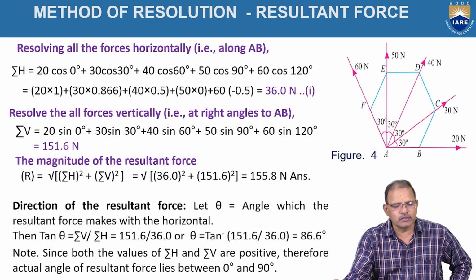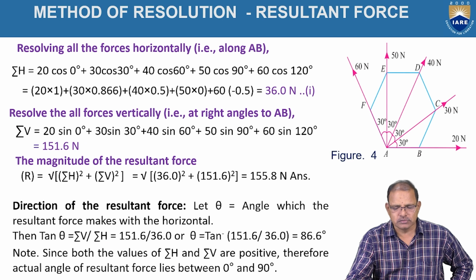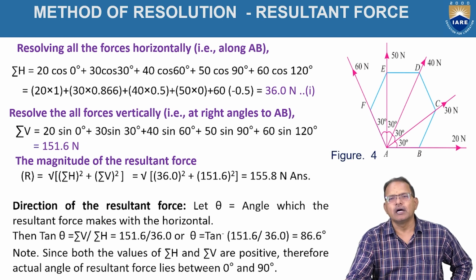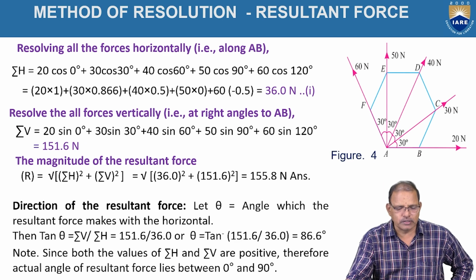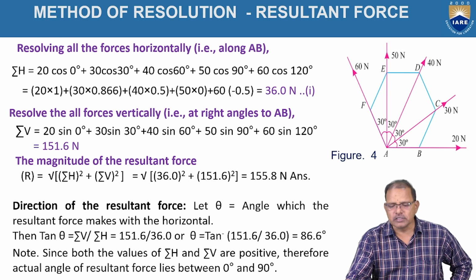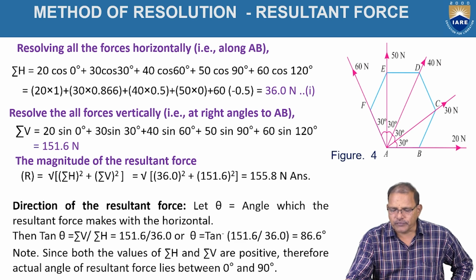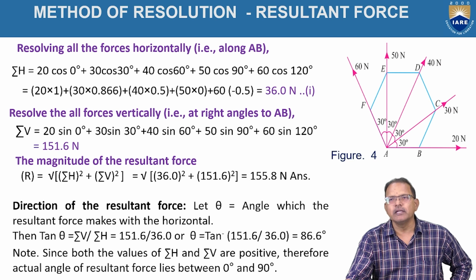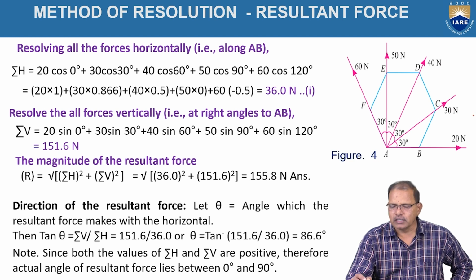The resultant of all the forces is obtained according to the analytical method. First, resolve the forces into 2 components. One is along the x direction, one more is along the y direction. Here the first force, AB, is horizontal now. It is having only one component, the x component.